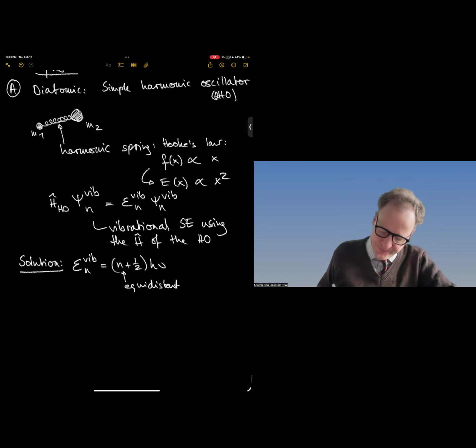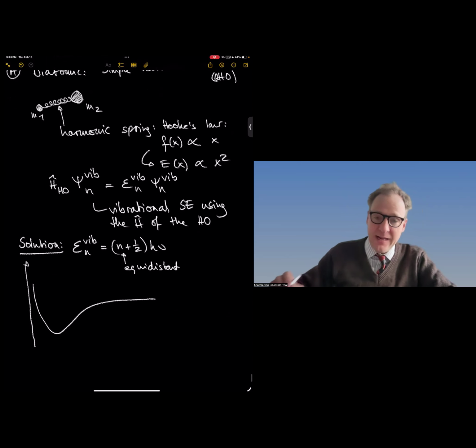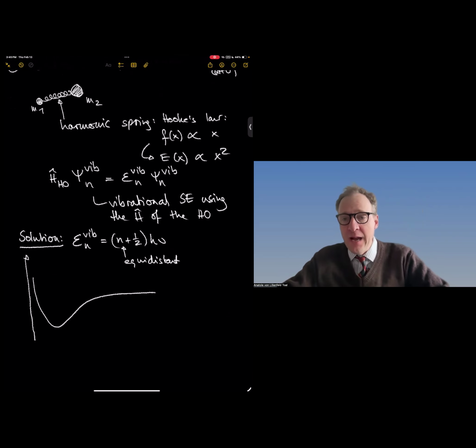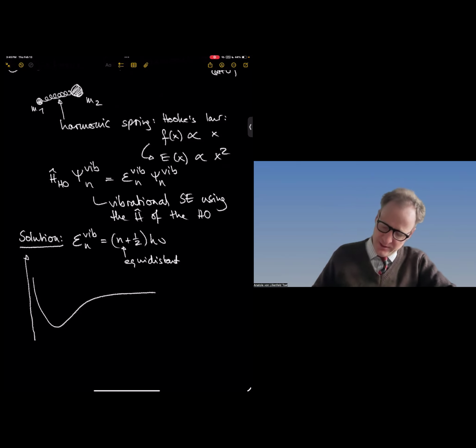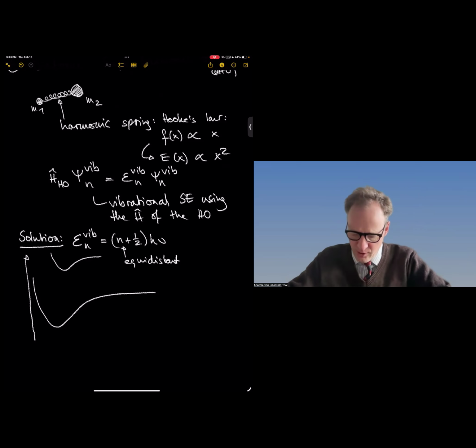Now, if I look again at the energy profile as we have seen it, and I believe it's already 2 weeks ago, I shared a slide of a picture with such energy profiles for the H2 molecule.